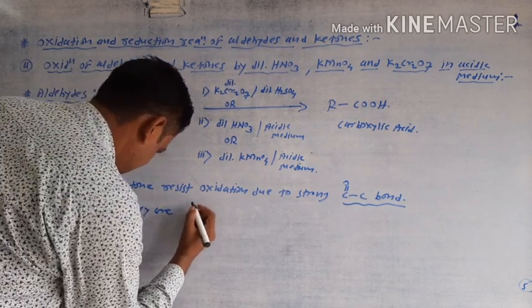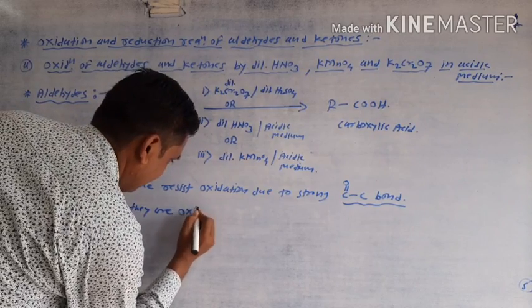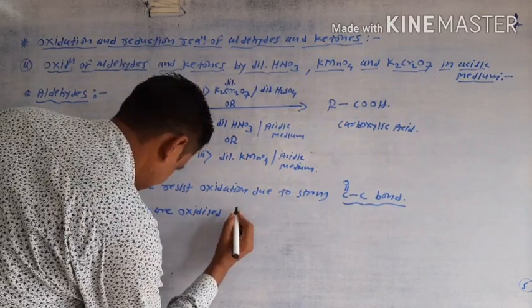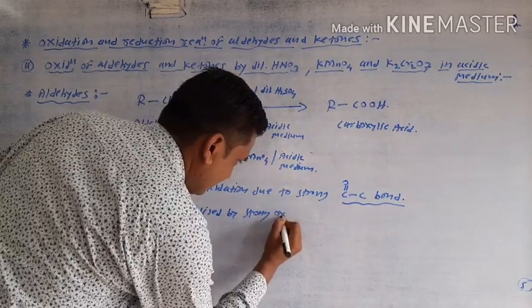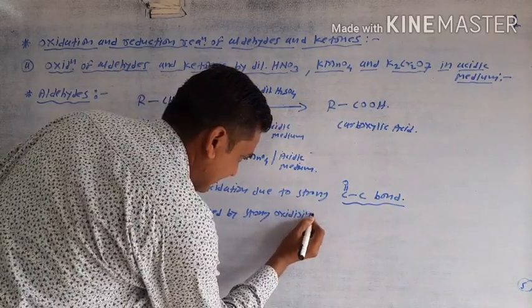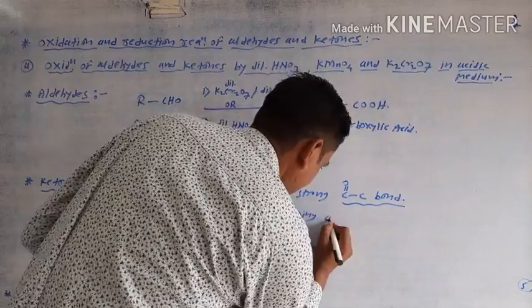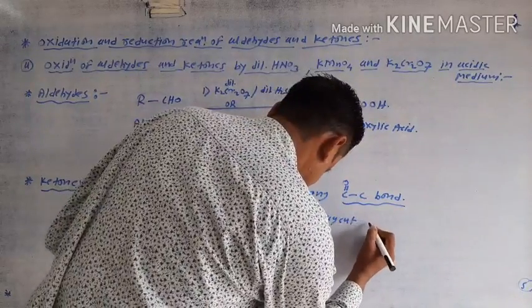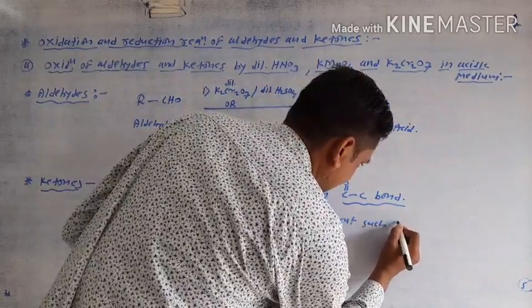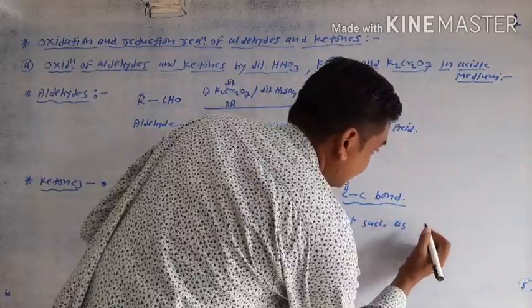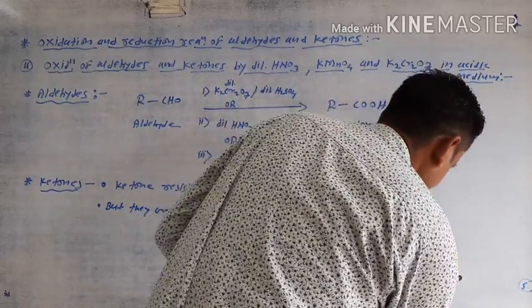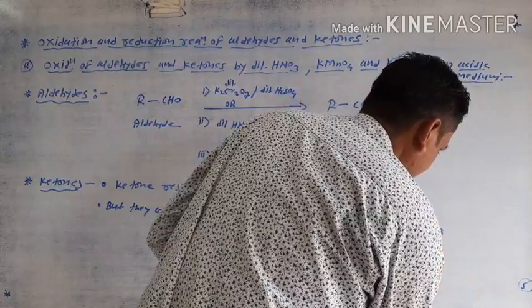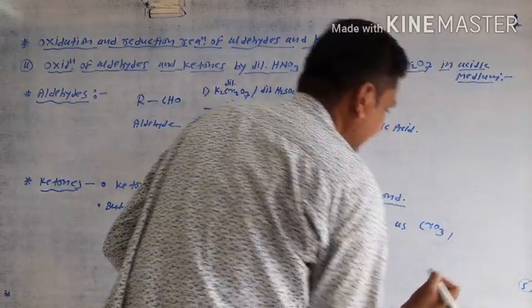They can be oxidized, but only by strong oxidizing agents such as CrO3, which is a strong oxidizing agent.